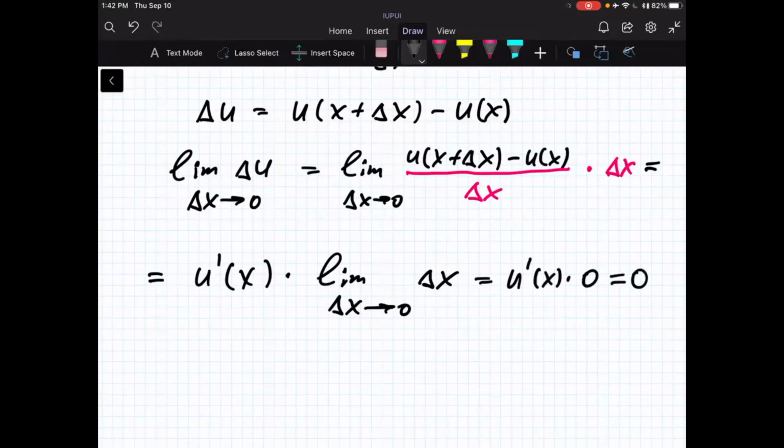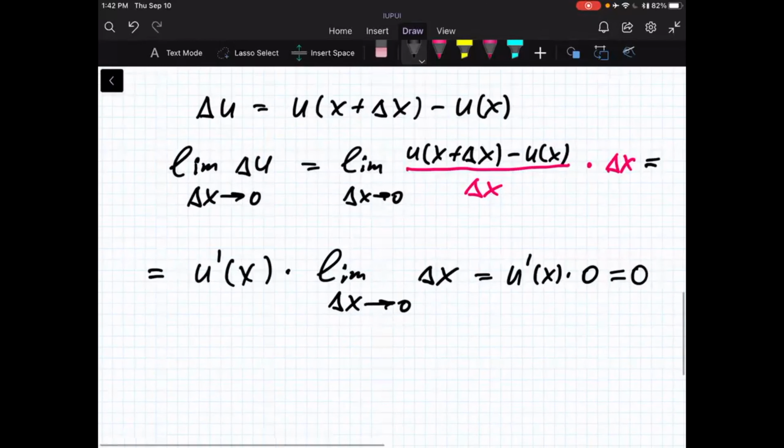which is 0. Of course, in some cases, when my u is not differentiable, something like 1 over x, a derivative at 0, we have seen that it has some problems, and in fact it's infinity. Then you might have here something like infinity times 0.